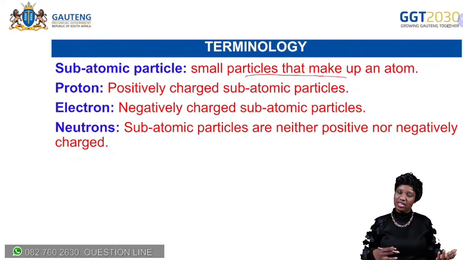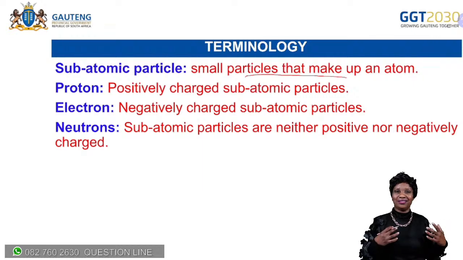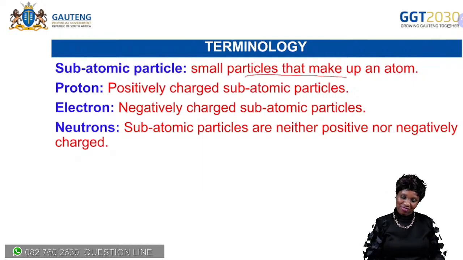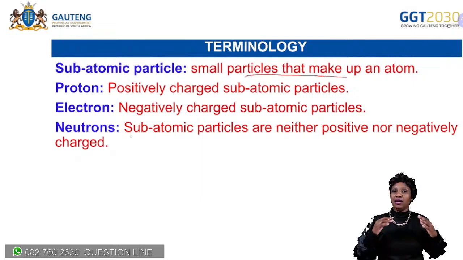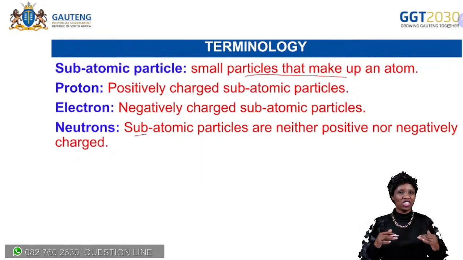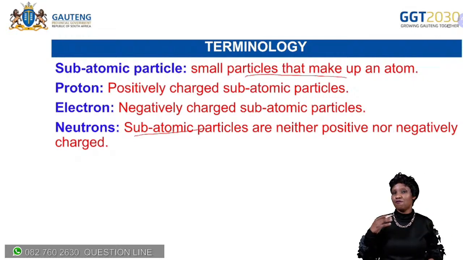And then when we're looking at an electron, this is the negatively charged subatomic particle. And then what about the neutrons? Neutrons, this is the part of the subatomic particle which don't have a charge. They are neutral. All right. They are neither positive nor negative. They don't have a charge. And then we find them in the nucleus of an atom. Do you get that?